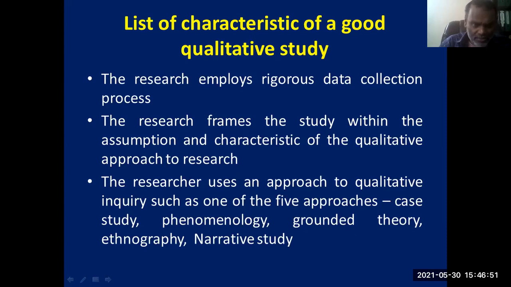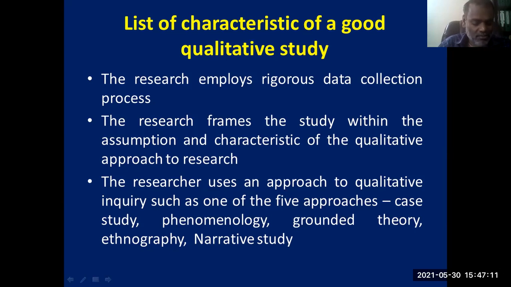So within a qualitative study, there are characteristics you are able to understand. If you want to do a good qualitative study, you need to understand the characteristics of the qualitative approach.